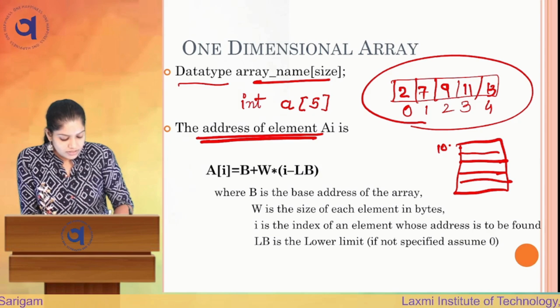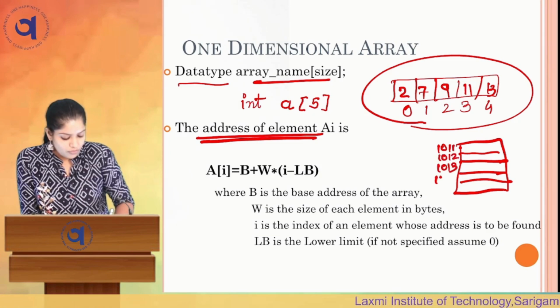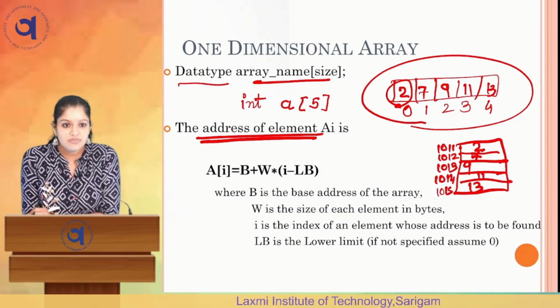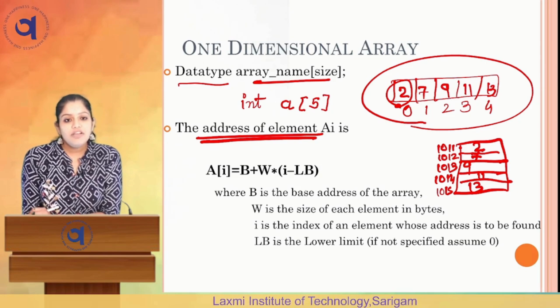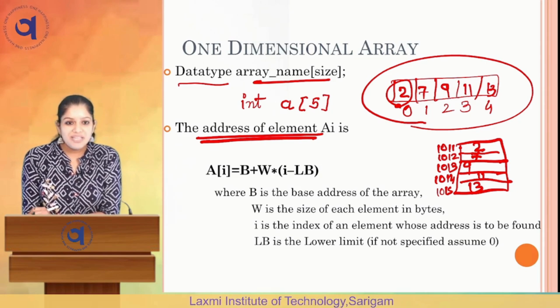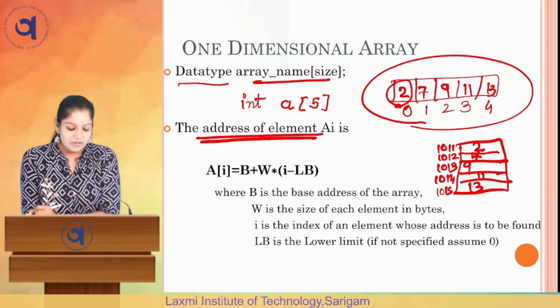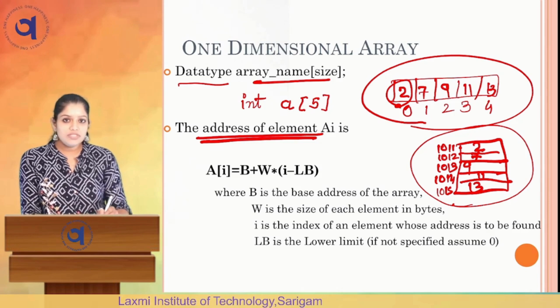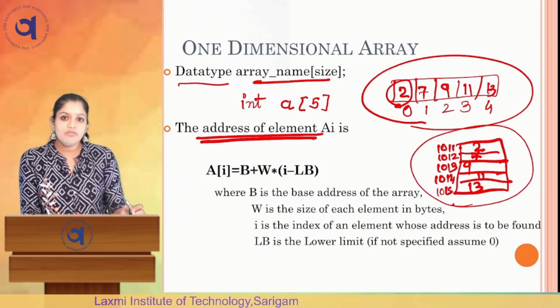Suppose we have addresses 1011, 1012, 1013, 1014 and 1015. So, my 2 will be stored over here, then 7, 9, 11 and 13, in this way. Now, if I want to find the memory location of a particular data, this is the inside work; your computer knows this, you do not know at which location.